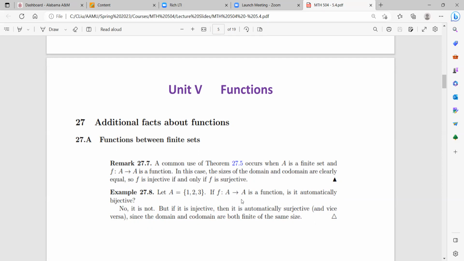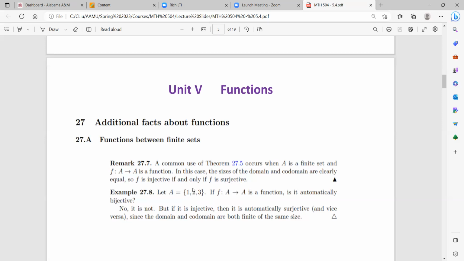For example, if this function is injective, then it has to map 1, 2, 3 to different numbers. So you're going to get 3 numbers in the image. That means that's the whole set. So it is surjective.